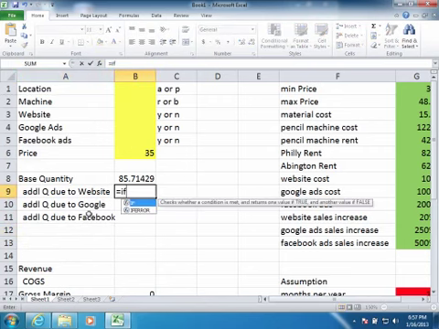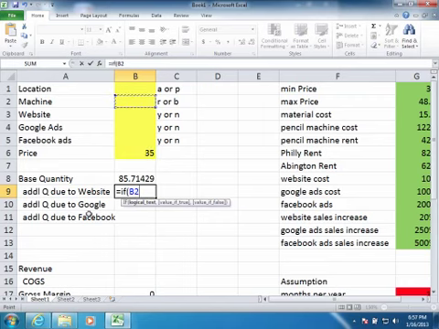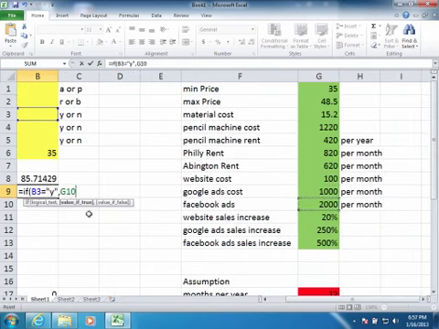Now this is equal to if website is equal to yes, then it's the website sales increase of 20% times the quantity, else it's 0.